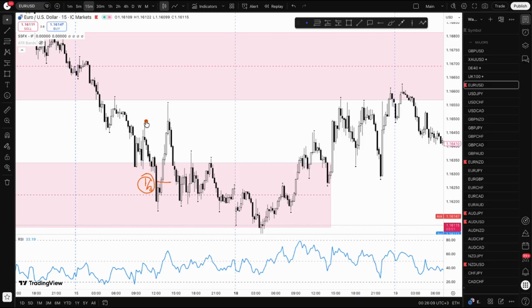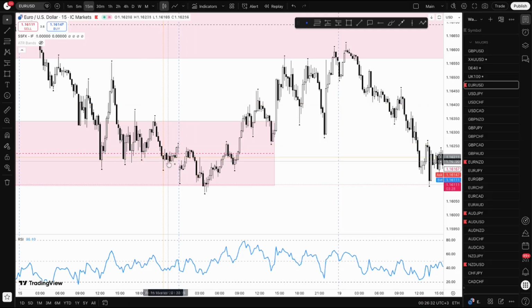If, as you can see, this is the next leg, at this point, if the market closes well above this zone, I would add the other half. However, as you can see, the market did not. So I would just close this trade at a small profit. It would be a scalp-like trade.